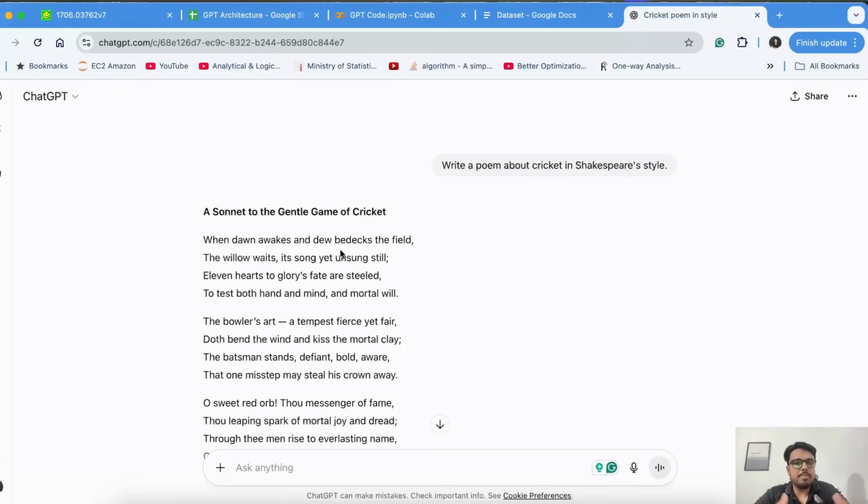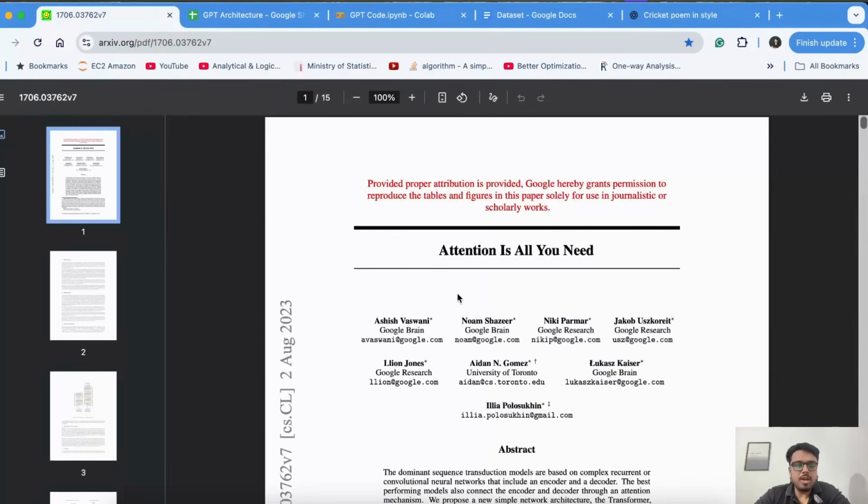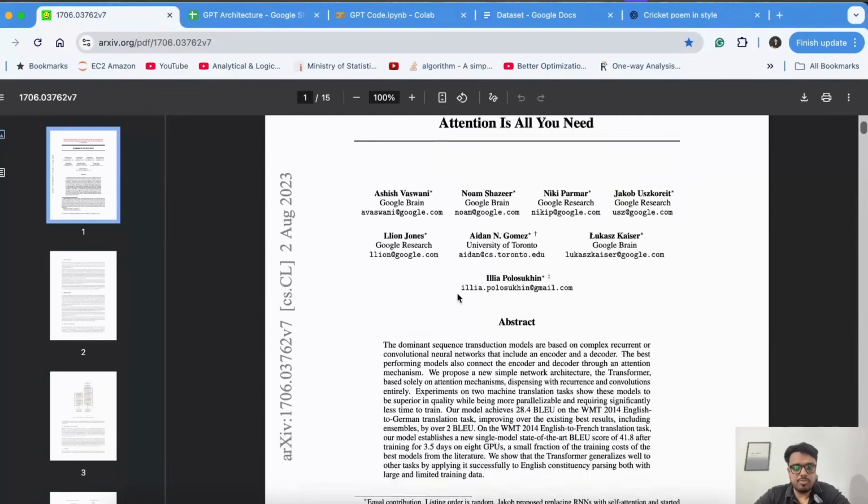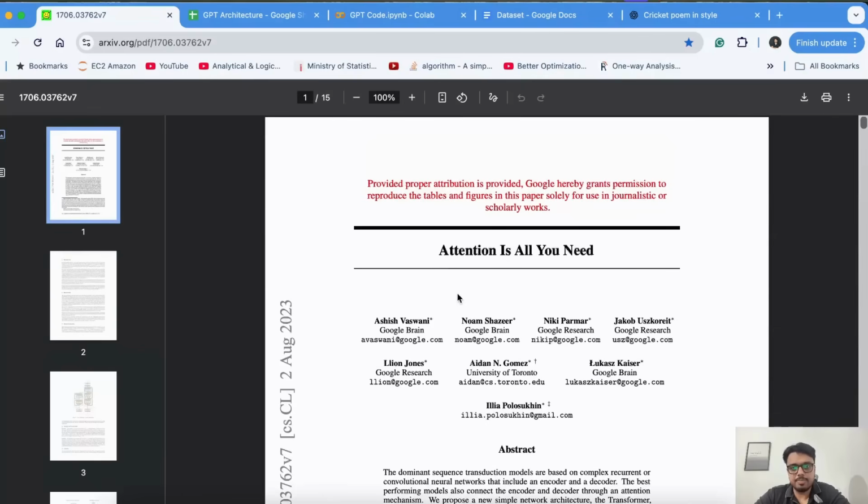So what is happening under the hood is that it's actually a model that has been trained on a very vast amount of data to be able to make these predictions. And the underlying architecture behind this model is the transformer architecture. The transformer architecture was first, I think, mentioned in this paper.